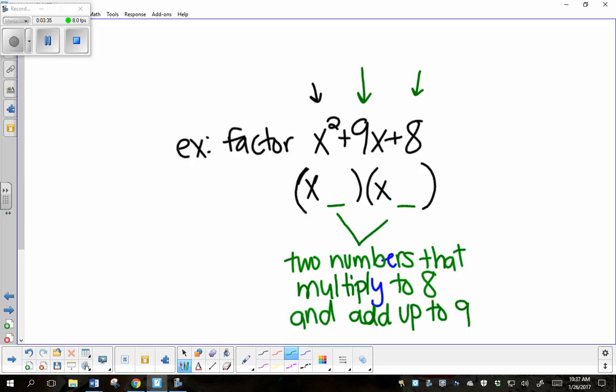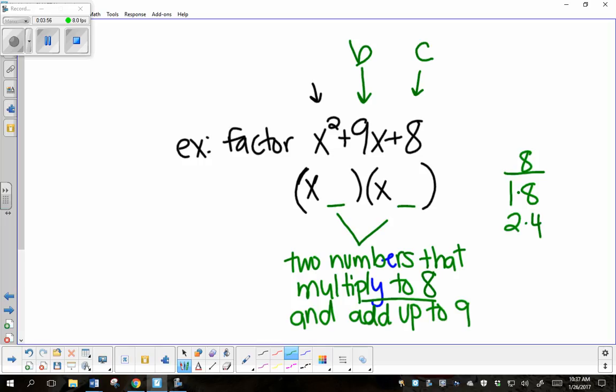And later we're going to be referring to this last term as C and this middle term as B. So we're trying to find two numbers that multiply to C and add to B. So let's look at all the numbers that do multiply to 8. So if I'm going to write 8 over here, I know that I can do 1 times 8 or 2 times 4.